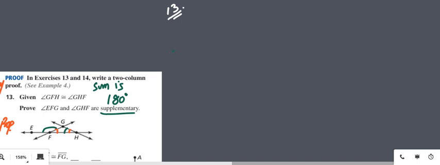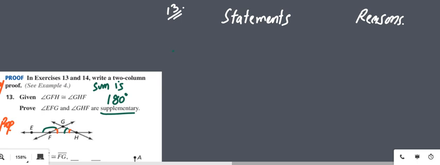Okay. Now, how we will prove this result? So, first, let's write the statements here, and we will write reasons here. Now, if you look at this diagram, the points E, F, H, they lie on the same line, right?